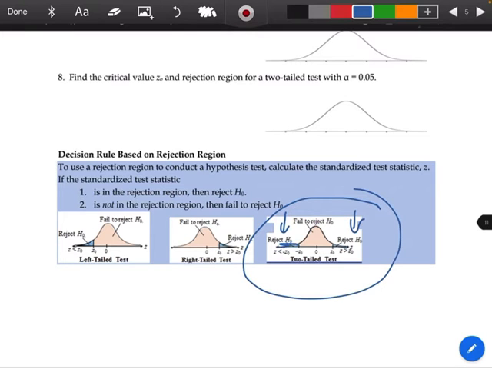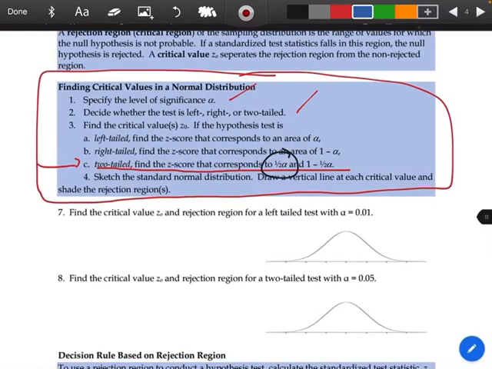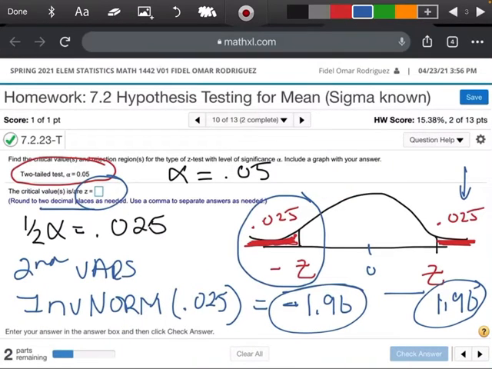So here are my rejection regions, right? So when I come back over here, the rejection region for this one is going to be when z is less than negative 1.96, and when z is bigger than 1.96, because these here are those rejection regions, okay?